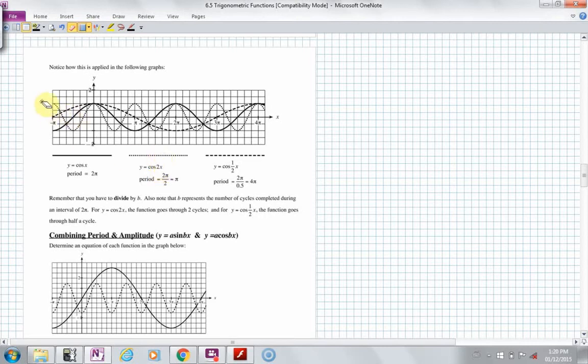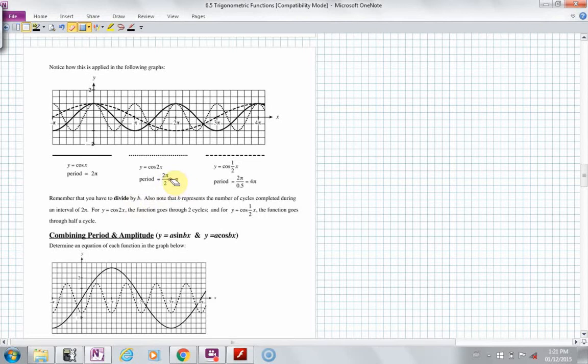So this one here, notice that it is expanded or compressed, the dotted line. So not the dashed line, but the dotted line compared to the solid line. Is it expanded or compressed? Compressed. It's compressed, okay? And it is compressed by a half. That's what the 2 does, compresses by a half. So if the original period was 2 pi, the new period is a half of 2 pi, which is pi.